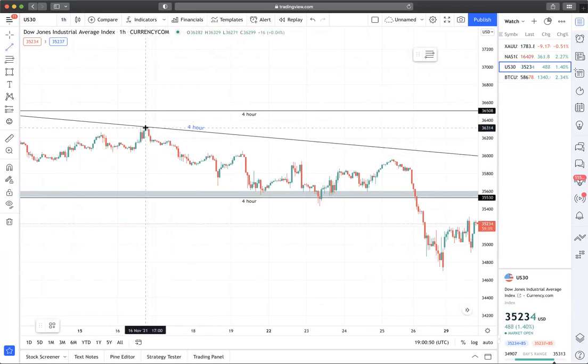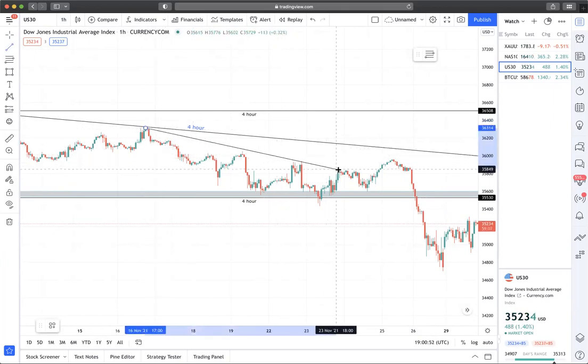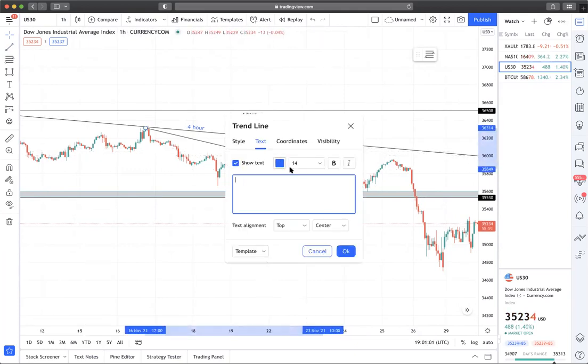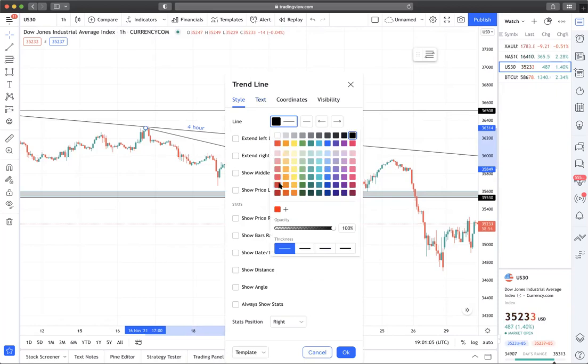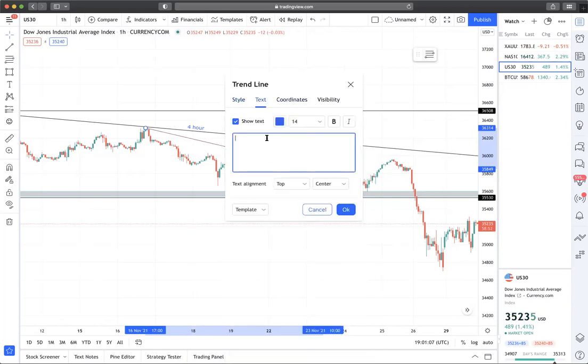So like I see this here. And then change the color. We're going to mark that red and put 1 hour.